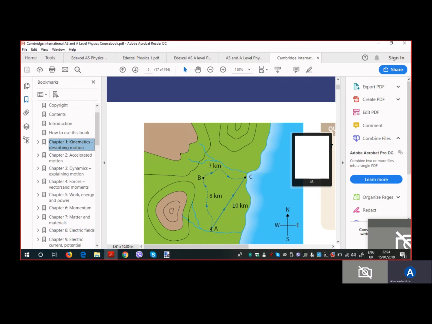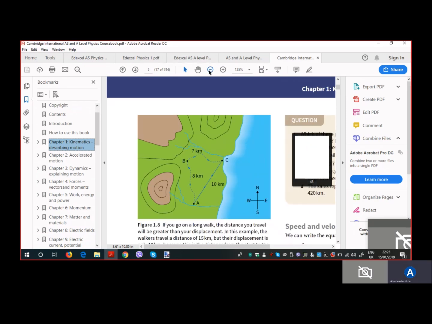If this is the north, we can say the angle, like a bearing, maybe 37 degrees east of north, something like that.